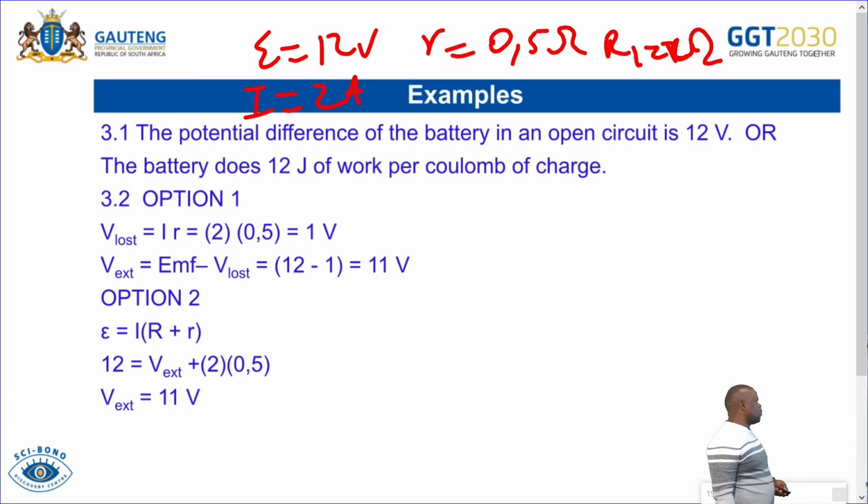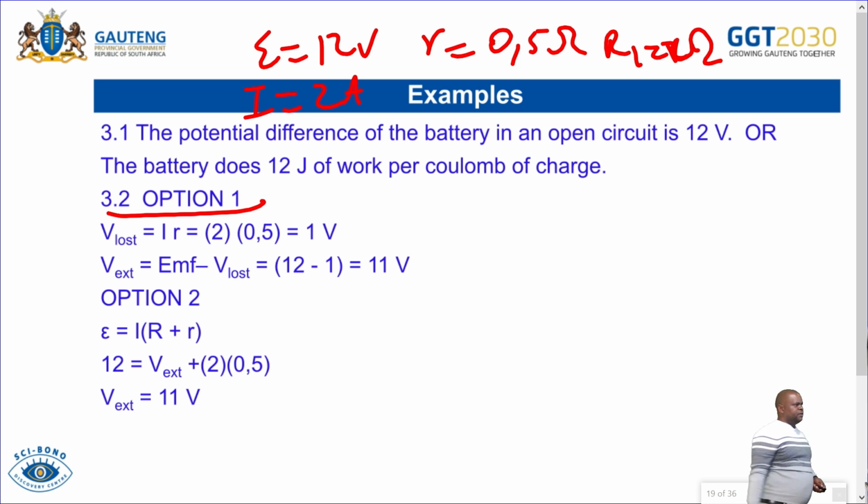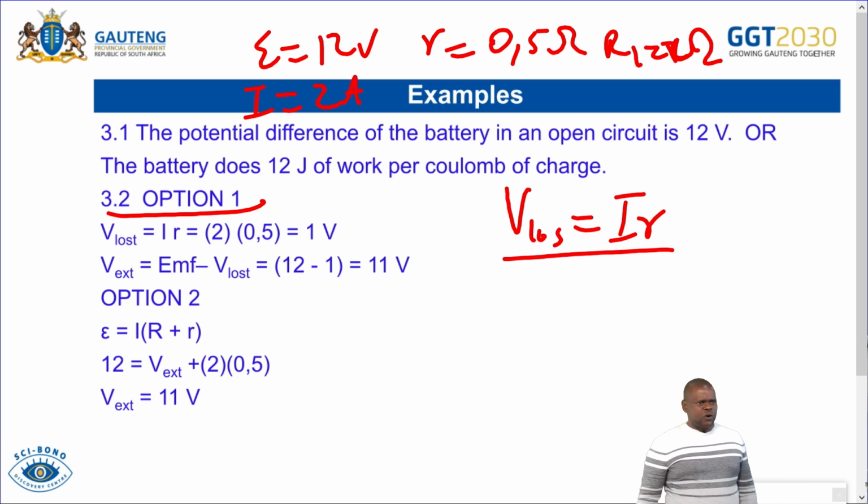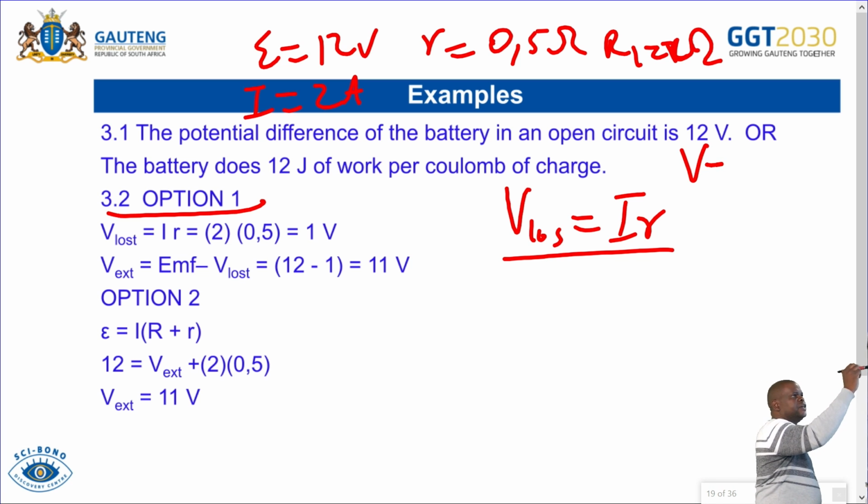Okay, now we have 2 options. This is the first option. We can go straight and say V lost is equal to IR. Where does this formula come from? This formula, grade 11s, comes from this formula, V is equal to IR.